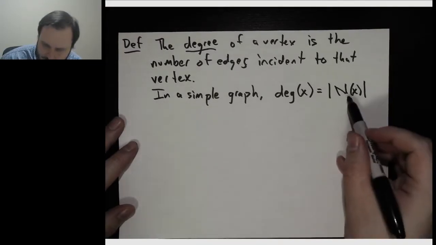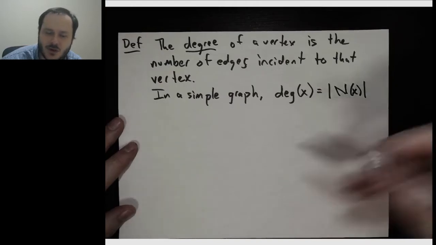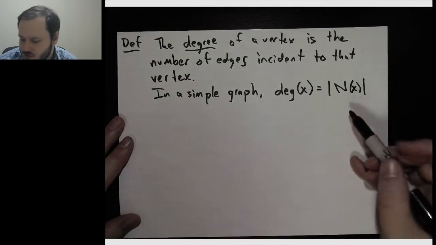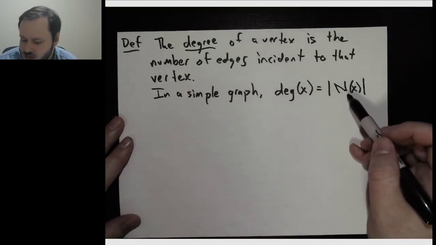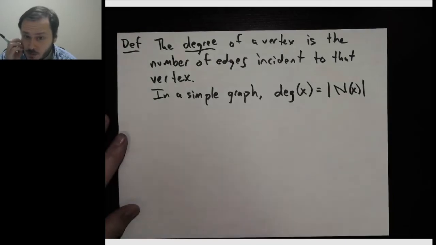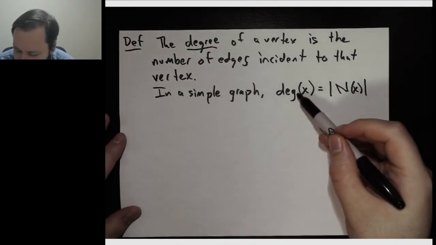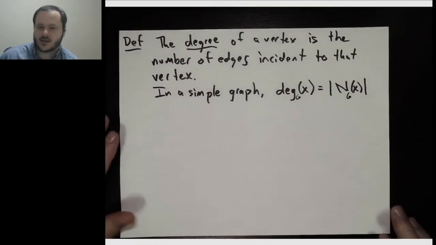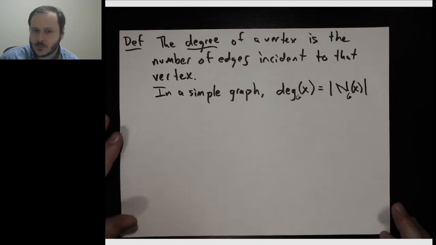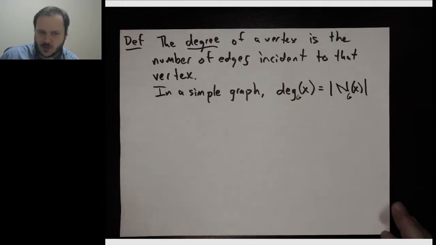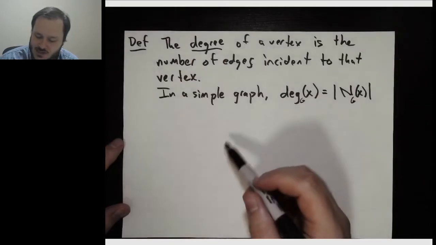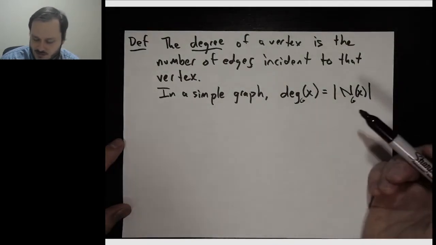By the way, I've dropped the little g here because I didn't name the graph. That's okay. If it's clear what graph you're talking about, then we don't always write that little g. If there's multiple graphs going on, which there might be in a moment, then we can also talk about degree in G of x and neighborhood in G of x, like that. If we don't have a simple graph, if we have a multigraph or if we have loops, this might not be true. There might be more edges incident to x than there are neighbors of x.